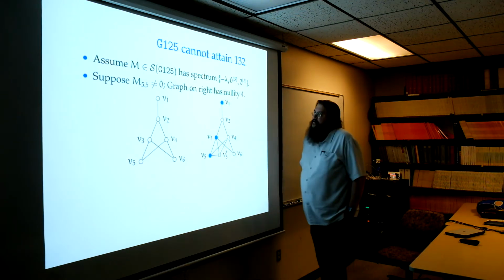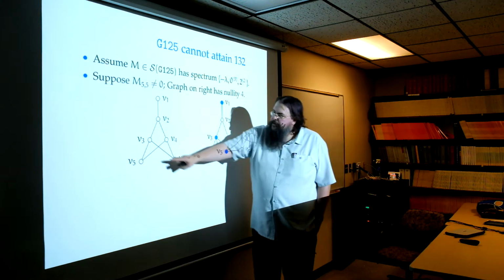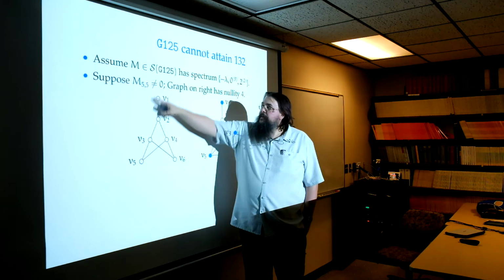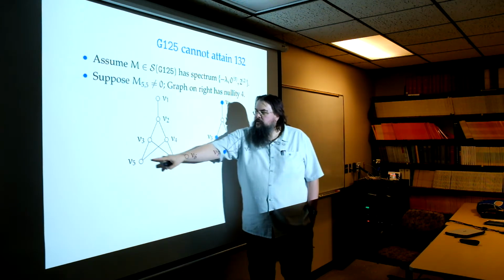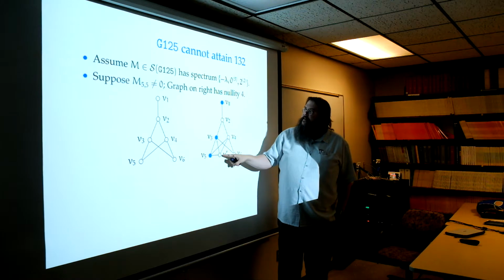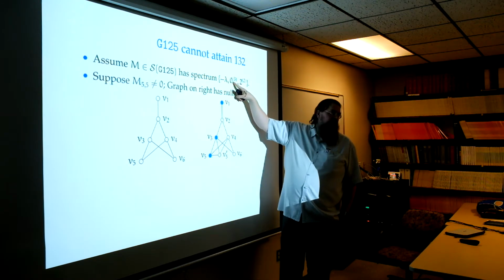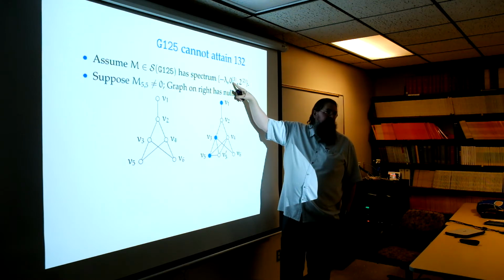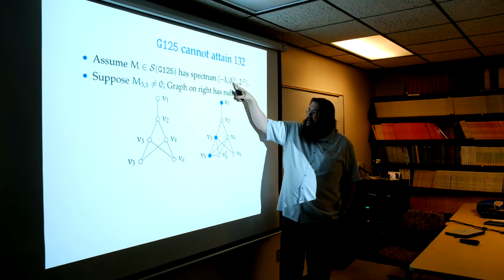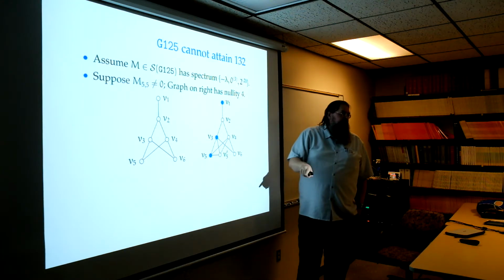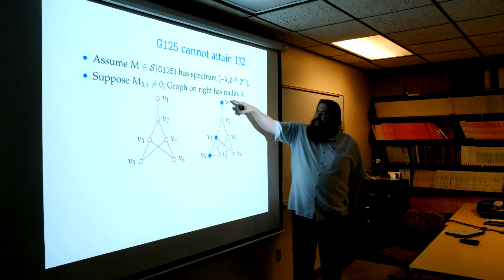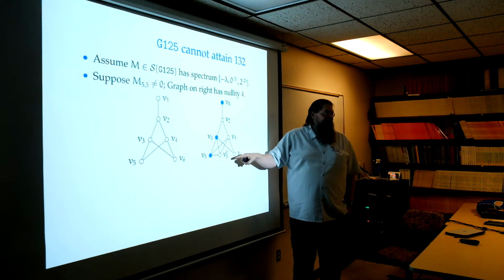Okay, now I'm going to label my graph and I'm going to focus on this vertex. If that diagonal entry was not 0, when I clone, I get this graph. And because I'm cloning, I'm actually going to increase the nullity here, so go up and have nullity 4. Now that doesn't seem so bad, except for all of you zero forcing aficionados, these three vertices are a zero forcing set.